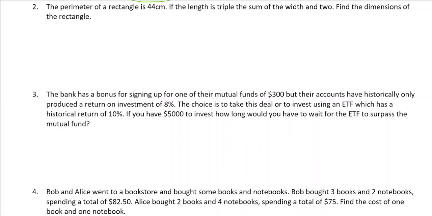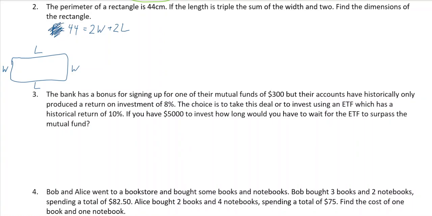So perimeter equals 44. Now perimeter also means 2 times the width plus 2 times the length. If you draw out the rectangle, hopefully you can see that we'd have 2 widths and 2 lengths that we have to add together to get the perimeter. So that is our equation.